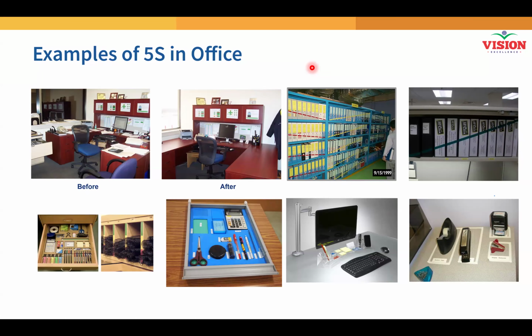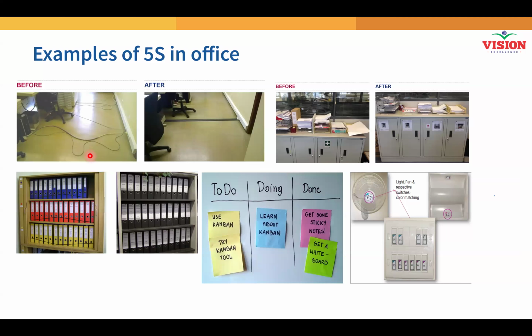You can completely transform your workplace. And look at the before-after scenario. The cables are just lying on the floor, whereas here they are properly concealed. You may not see any benefit immediately, but definitely in the long run it helps.